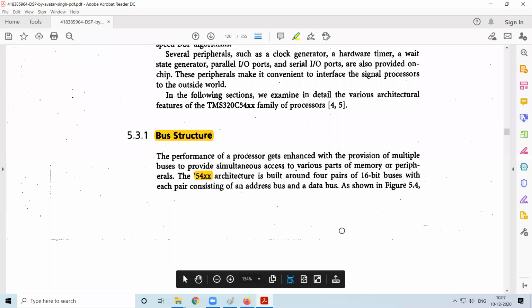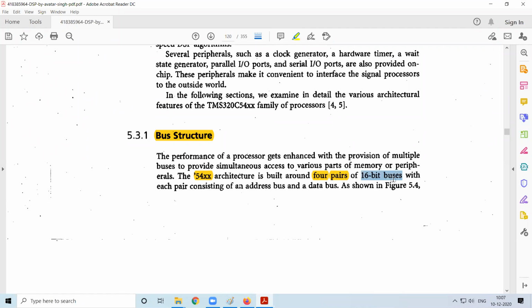The first thing to note is that it has four pairs of 16-bit buses. Each pair consists of two buses: one used for the address and the other used for data.